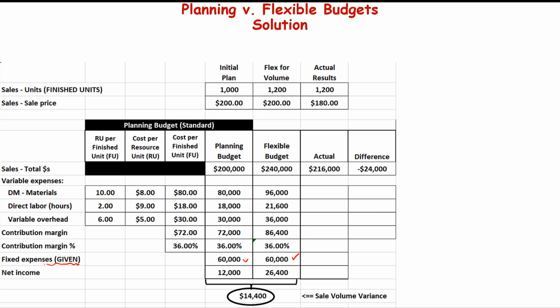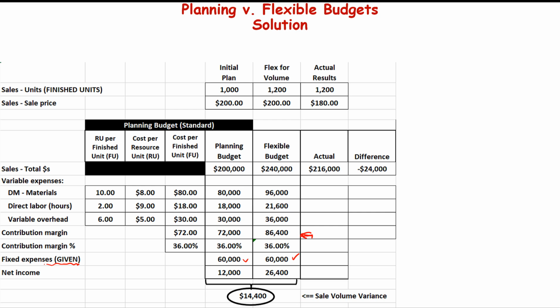Okay? And so this allows us then to calculate 2 sales variances. One is the sales volume variance, and that's the difference in income between the planning budget and the flexible budget. It's 14.4. It's the difference here. That's also the difference here.